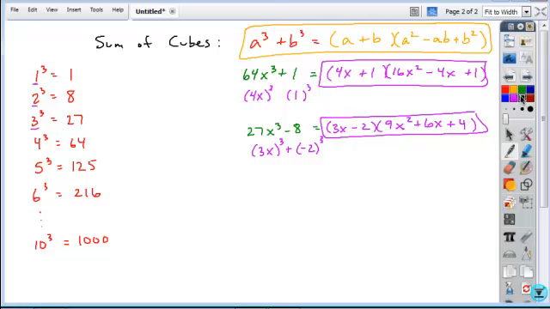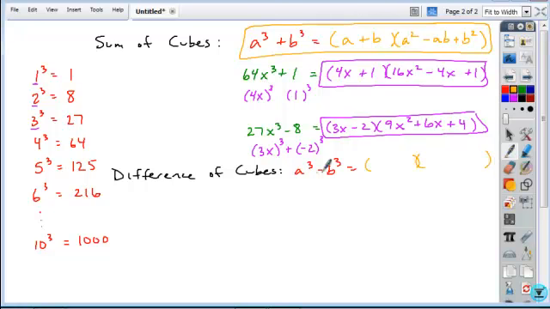Now, you could think of these as two different patterns if you want, because this really is just the difference of cubes. So if you wanted to think of the difference of cubes as its own pattern, you could. A cubed minus b cubed. It is going to have a binomial and trinomial factor.